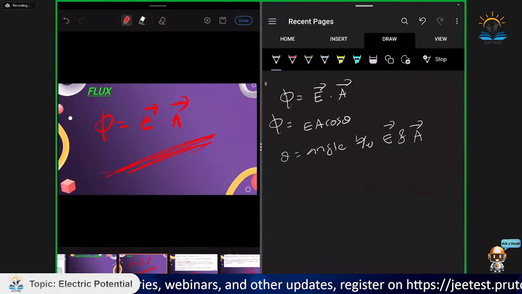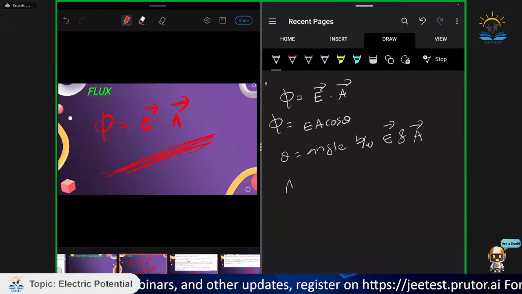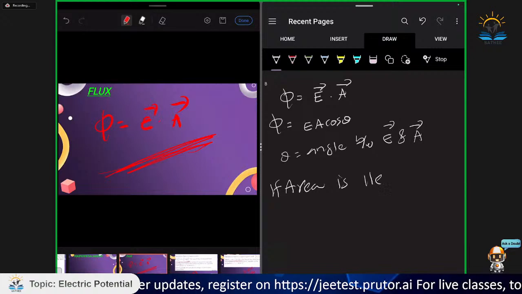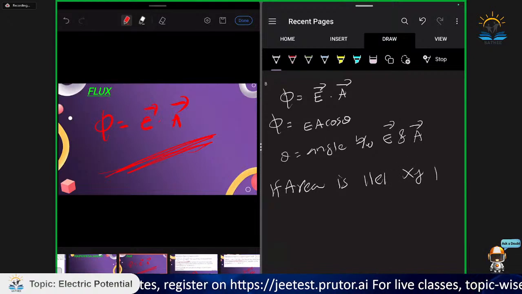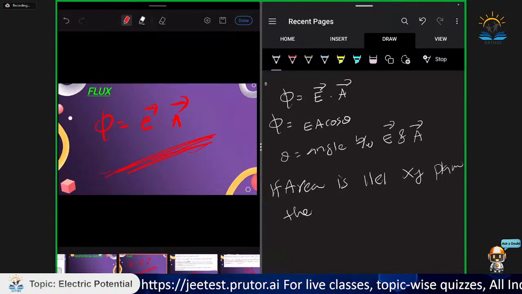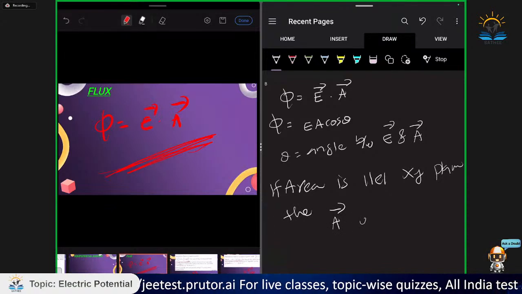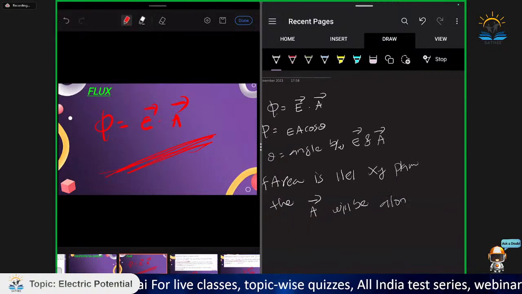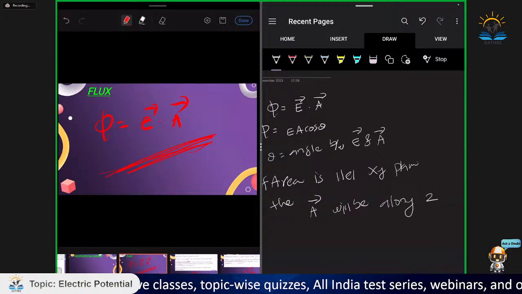How do we find it? If the area is parallel to the XY plane, then the area vector will be along the z axis.